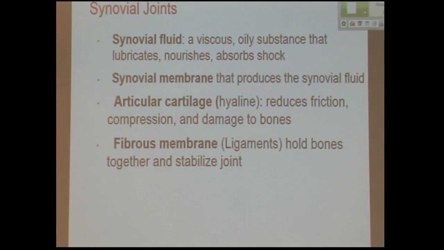Because there's 2 main things you want from your joint, right? You want it to be able to move easily, but you also want the bones to be attached together. So that's what those ligaments are for. And what do tendons attach together? So muscle to bone.